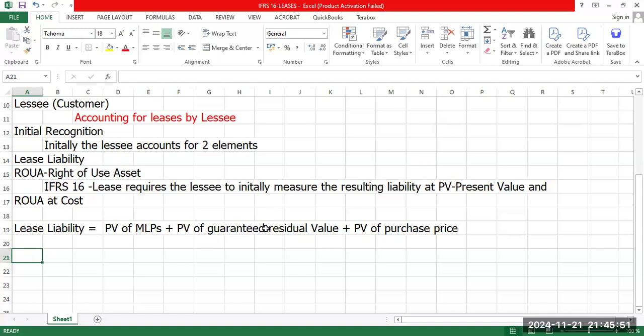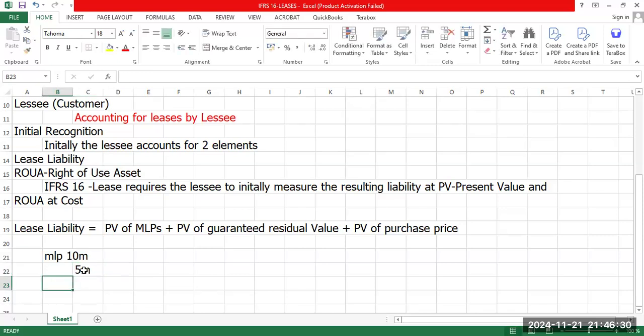And also another thing, maybe you want to reduce the lease payment for the lessee. If the minimum lease payment, let's assume, was 10 million every end of the year, and you are saying that at the end of this payment, pay me a certain amount of money, let me say 5 million as granted residue value.